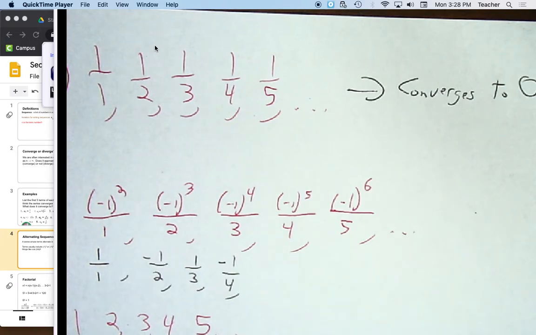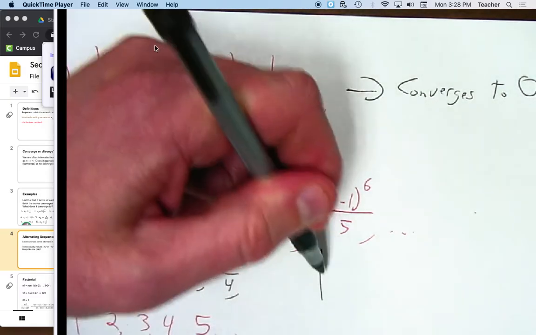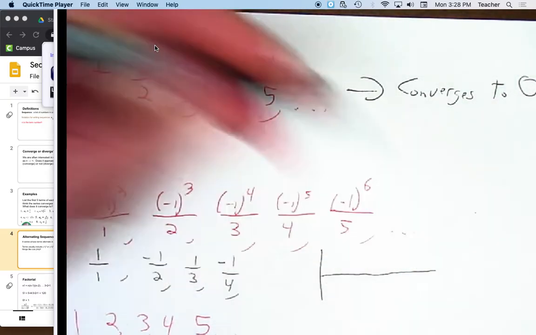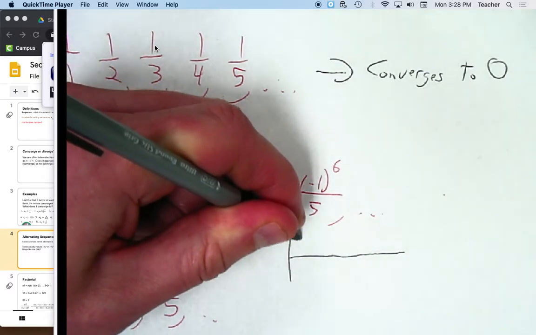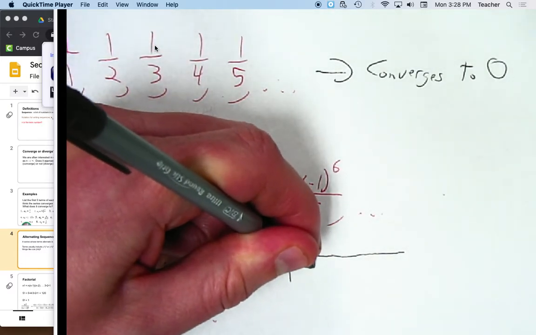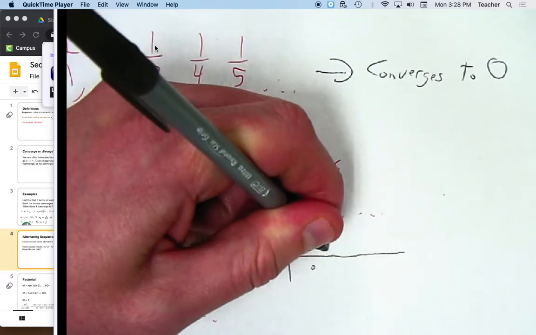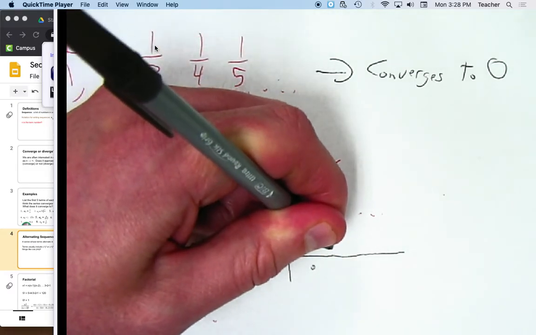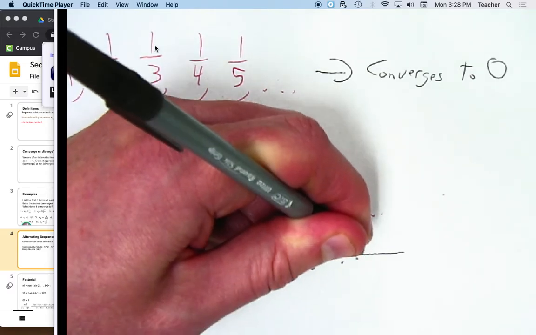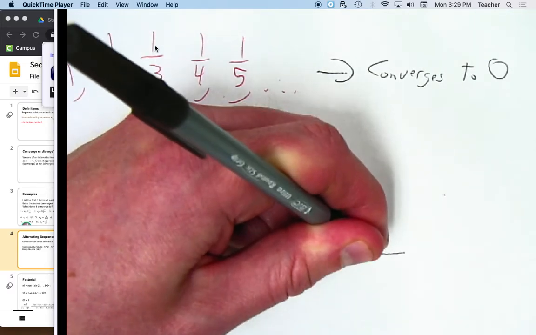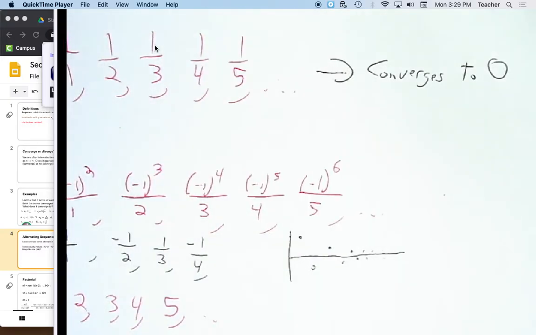And this one you might have a little harder time. Is it approaching a single number? Looking at a little graph of the terms might be useful. So we start off up at +1 for term 1, and then term 2 is -1/2. And then term 3 is +1/3. So we're alternating back and forth between positives and negatives, but we can see that these numbers, even though they're switching sides of the x-axis, they are definitely getting closer to the x-axis.